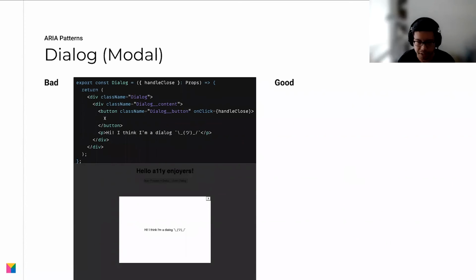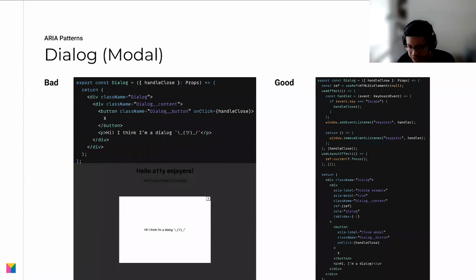So here's a better implementation. It's probably a little small for some of you, so I'll describe what's happening here. Following the APG, which is essentially a testing guide or a spec guide, you start implementing the features that should be there. Like when a user were to open this dialog, they had to click a button.